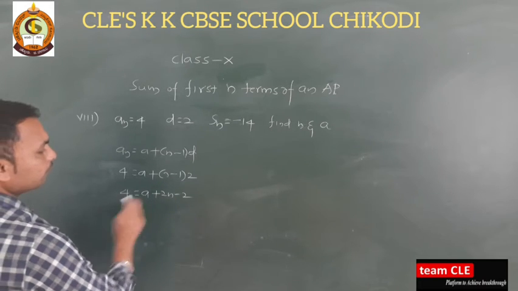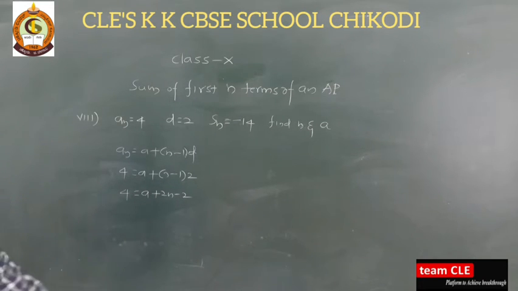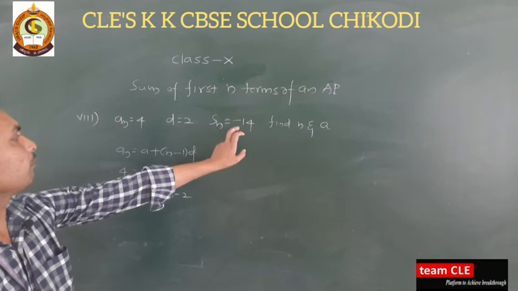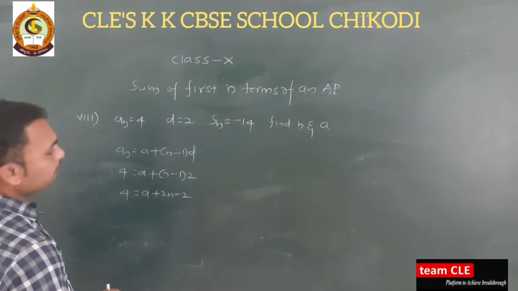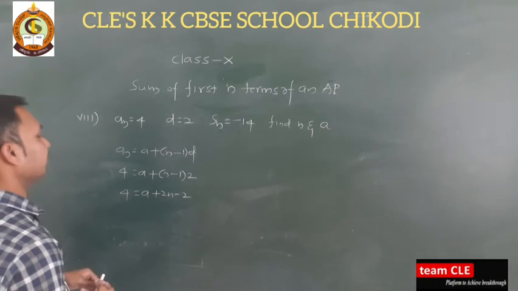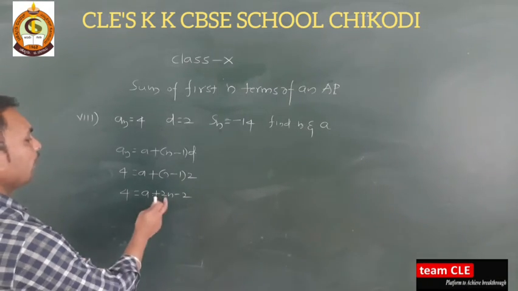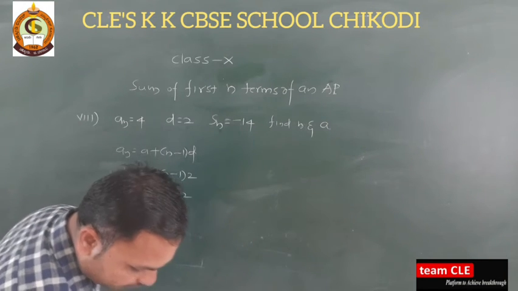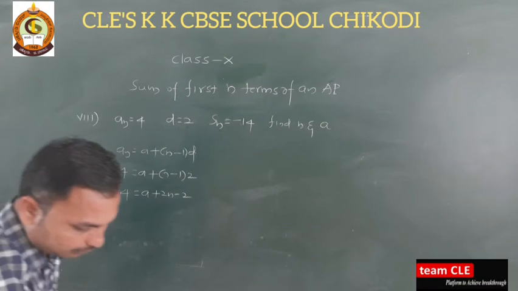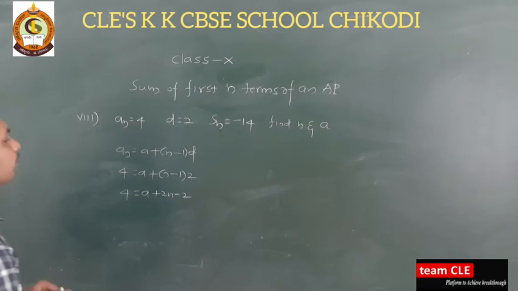Now, here 2 variables are there. So here Sn is equal to minus 14. We can substitute in Sn only. So 2 variables to eliminate. Now, an given? Yes, it is given. d given, Sn minus 14, n and a we need to find, we will find.